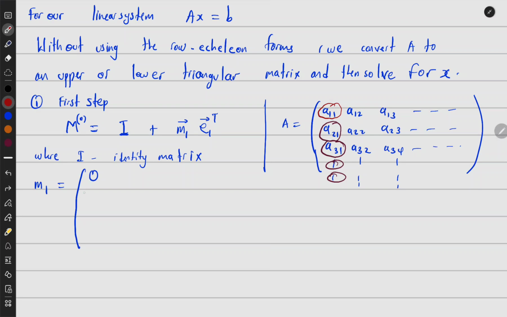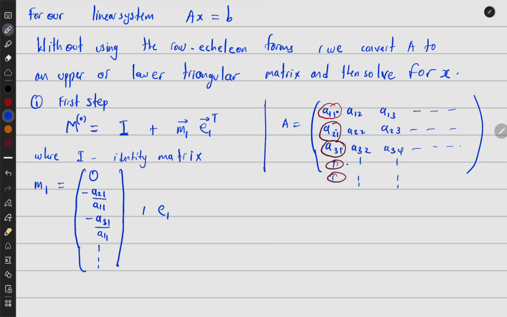So this is like minus, you take A21 divided by A11. Then the second one will be negative A31 divided by A11. You take this, you divide it on these two, the lower one that you want to eliminate, then you subtract. And that will continue downwards.